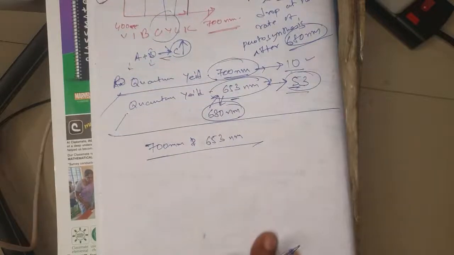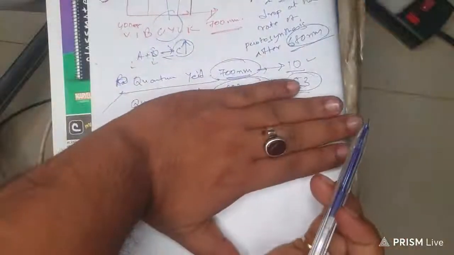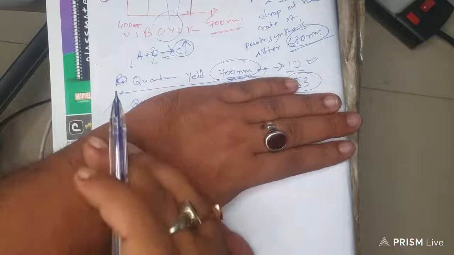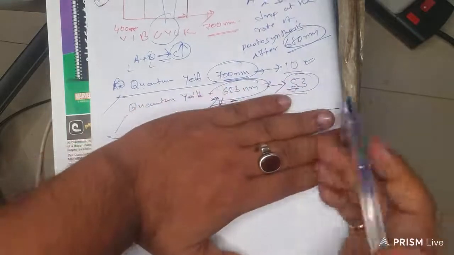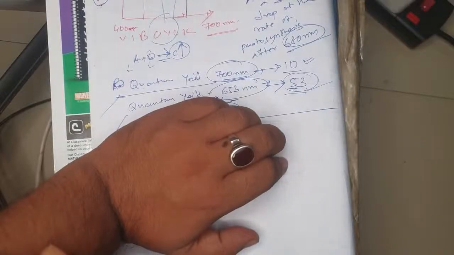of you. How? Because what he did, he exposed the plant to only 700 nanometer, quantum yield was 10. এবার বল, ওই প্ল্যান্টটা তো আগে ফটোসিনথেসিস করে নাই। He exposed it to only 653 nanometer, the quantum yield was 53.